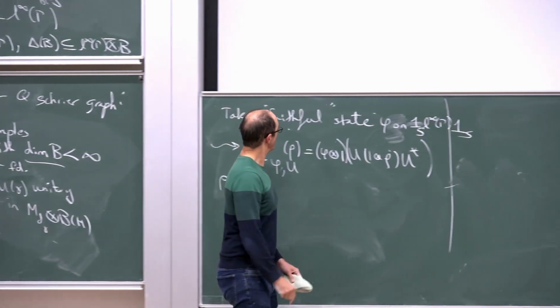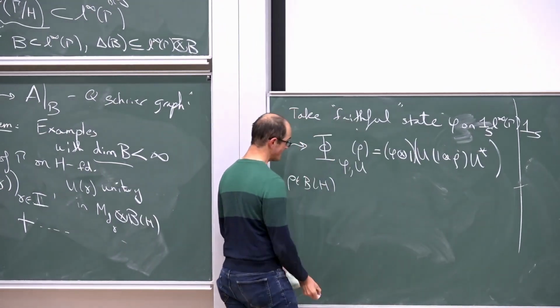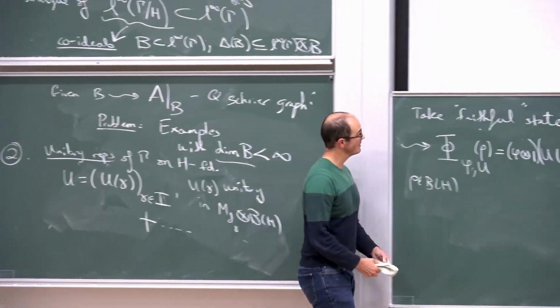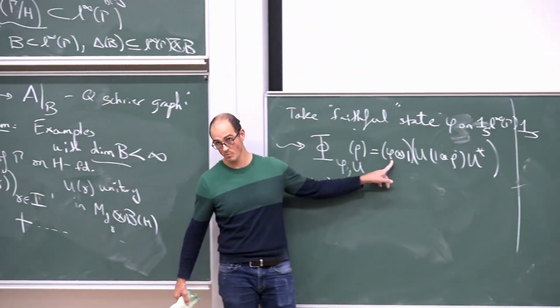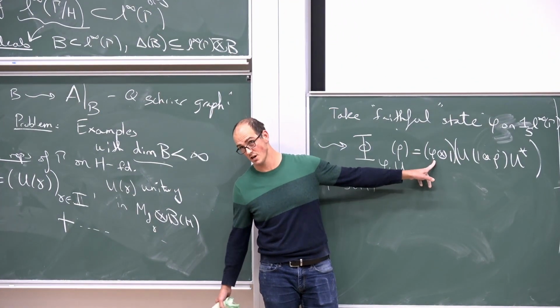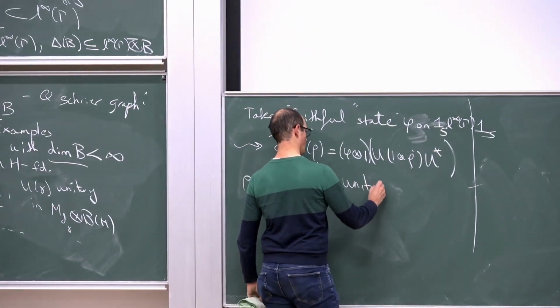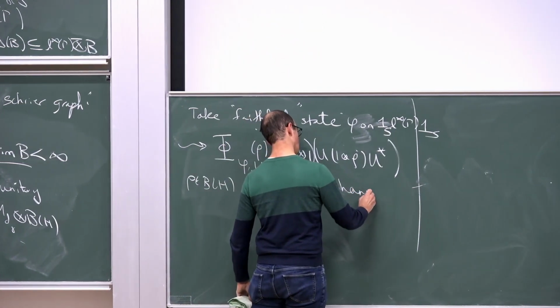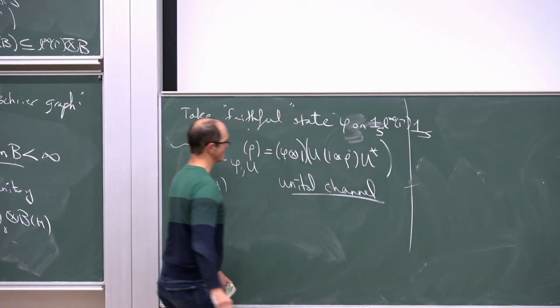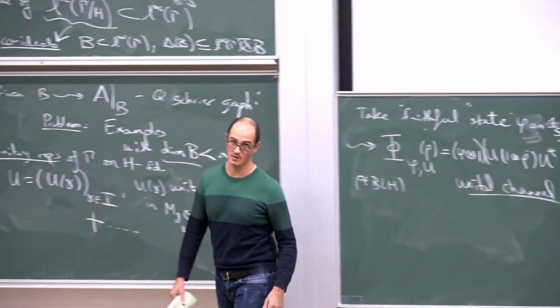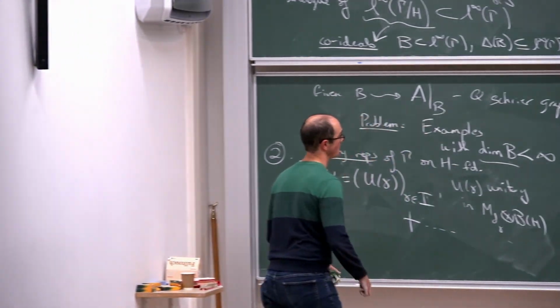In fact, if our quantum group is unimodular, this is a unital quantum channel, even when phi is non-tracial. So this is a unital channel. And this is essentially coming from the fact that in that case, this U is a biunitary matrix and not just a unitary matrix.